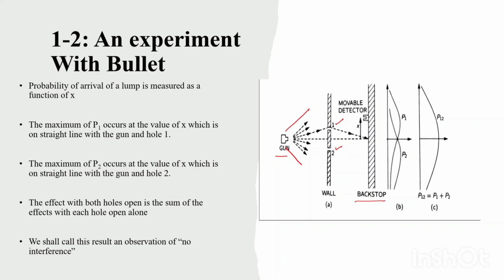After that we have a backstop where all bullets stop, and on this backstop we have a movable detector which detects the lumps or shells of bullets. Here we are considering that whatever arrives, arrives as a full lump or shell, no half lumps, no pieces, just a full lump.